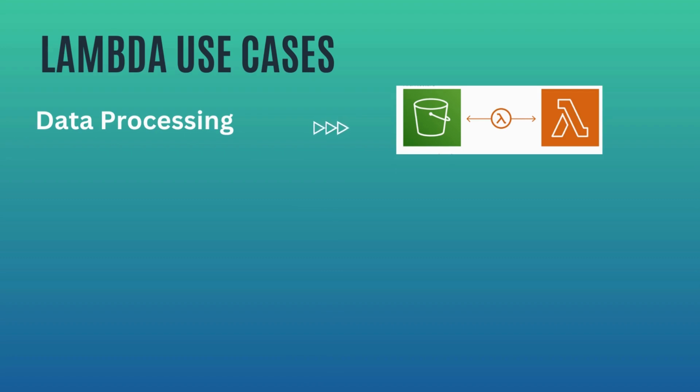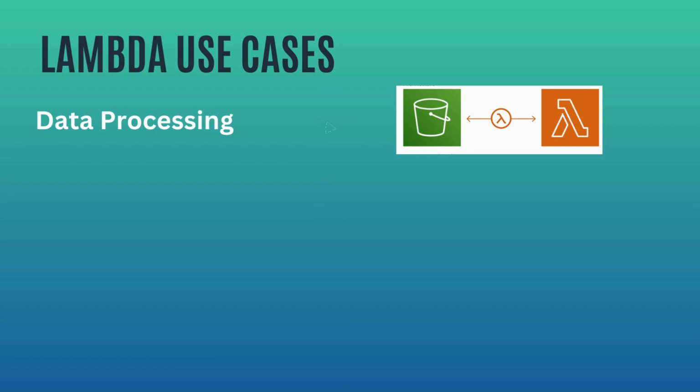You can set up an event on your S3 bucket such that every time a new file comes in, it acts as an event that triggers your Lambda, which runs the code and changes the format of the file depending upon the processing you want, and it is fed into a different AWS service or used for a different purpose. Instead of an S3 bucket, you can have an SNS topic or an SQS queue as the event. This comprises the data processing use case, where you can process data depending upon the event, like putting an object into an S3 bucket, or receiving a message in an SQS queue or an SNS topic.